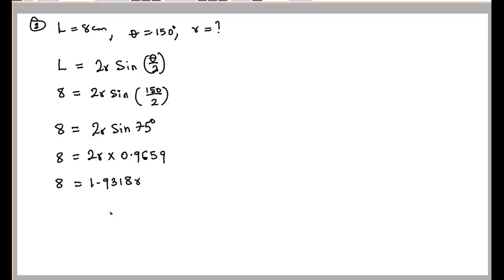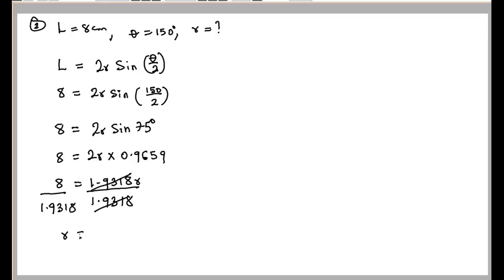So to get my R, I'll divide both sides by 1.9318. The 1.9318 cancels out here.